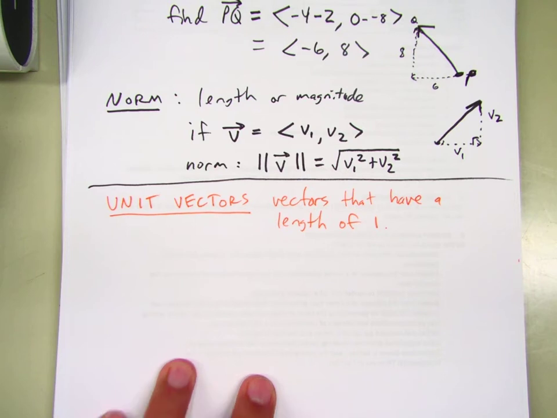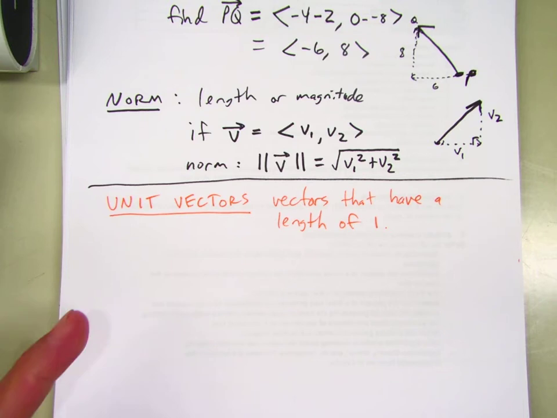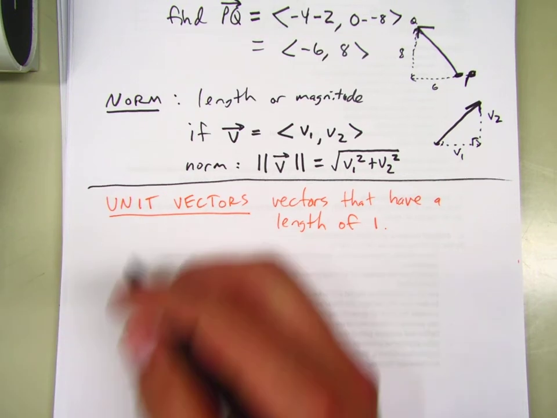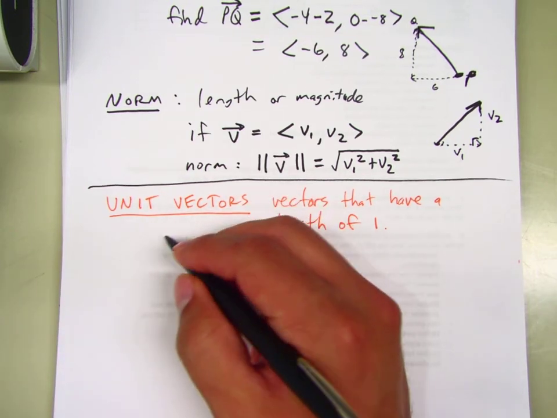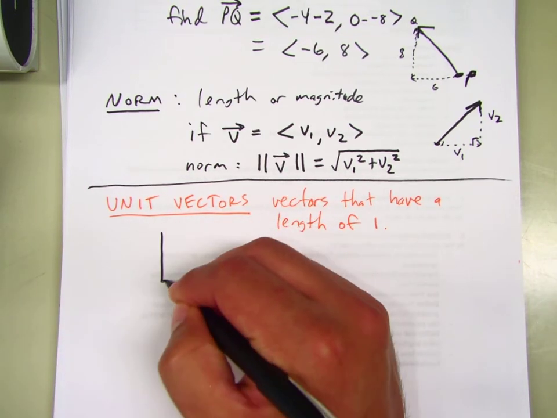And in particular, there are 3, well, 2 if we're in 2 dimensions, but 3 if we're in 3 dimensions, very important unit vectors. So let's just go ahead and define them.